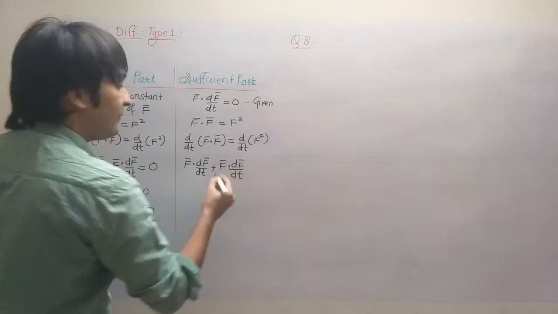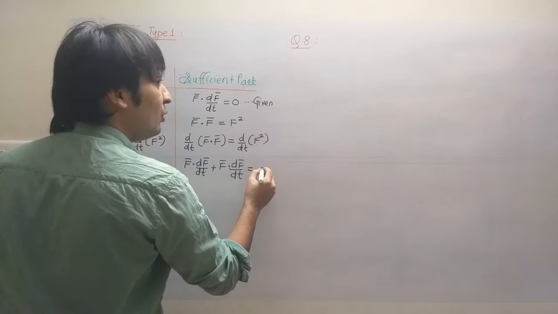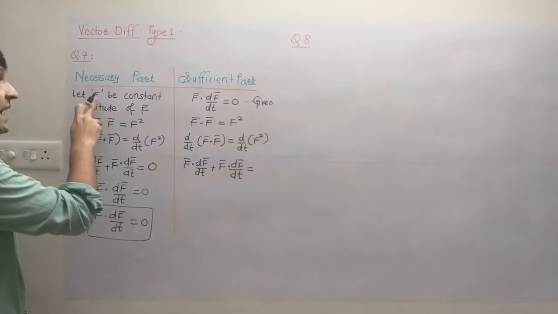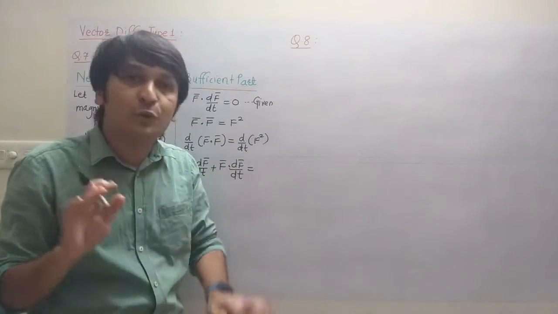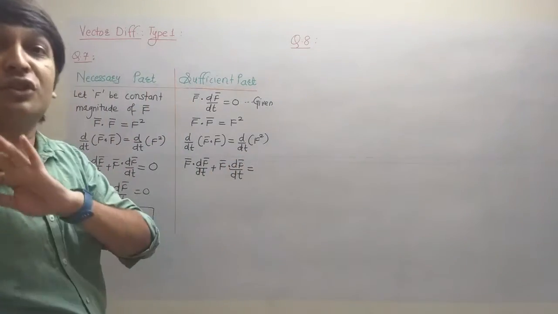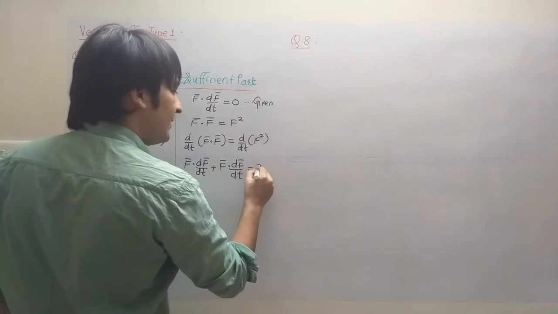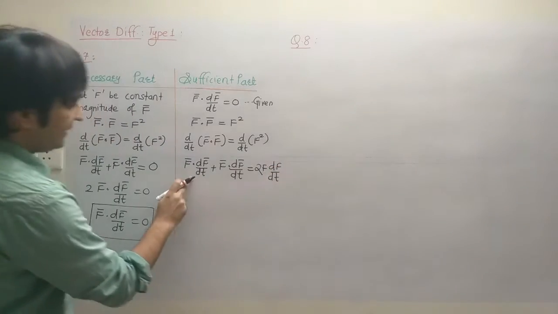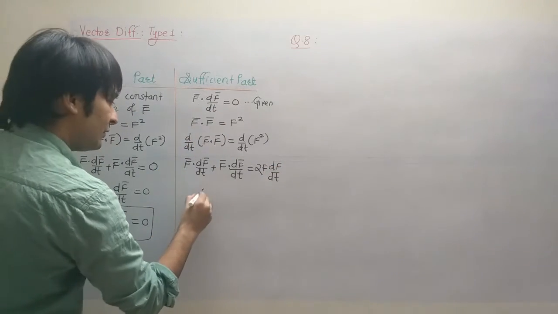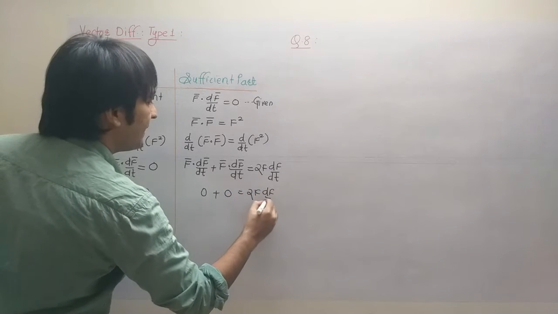What is the derivative of f square? It's 0? No, that was when f was constant. Here it is not constant, we want to prove that. So we don't know whether f is constant or not. If it is not known, I will take the derivative by chain rule: 2f df by dt. But this is 0, and this is 0. So 0 plus 0 is equal to 2f df by dt.